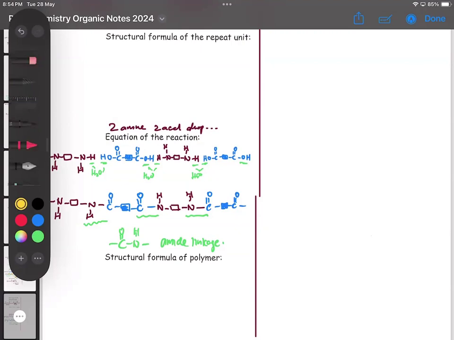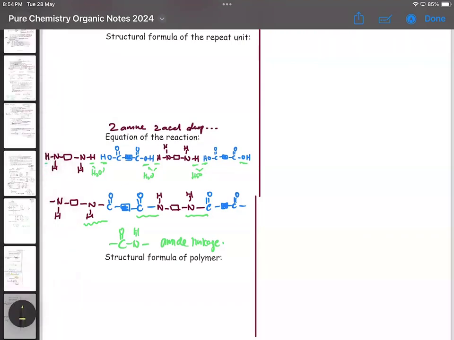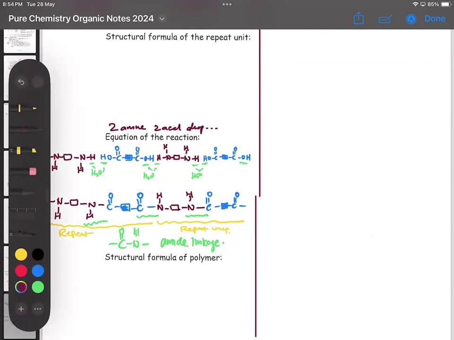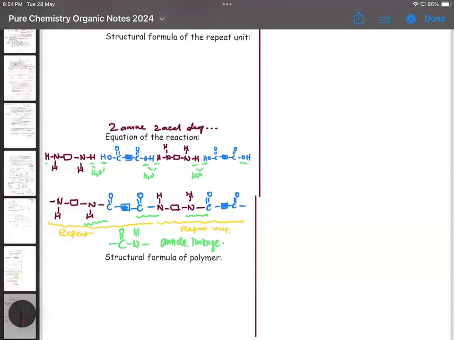Okay, and then your repeat units. You can start here from the brown to the end bottom. And repeat unit. And then you have another repeat unit. So our repeat units, we can draw it with either one of the yellow underlined ones. So we have this C double bond O, black box, and C double bond O. This is your repeat unit.